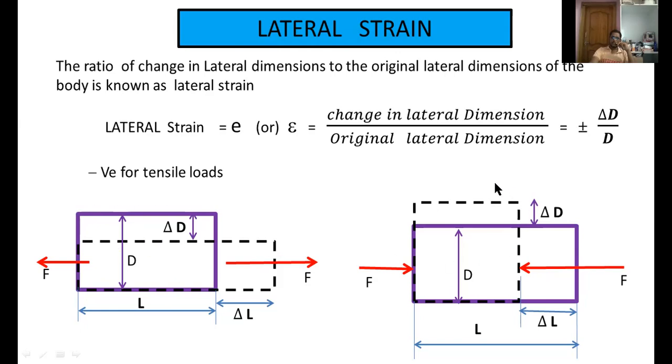Whereas when you are applying compressed loads on your body, the diameter of the body increases, so you have to consider positive sign for compressed loads. In case of compressive loads, positive sign; in case of tensile loads, negative sign. Now the formula for lateral strain equals delta D by D, change in diameter by original diameter. For linear strain and lateral strain, there are no units for strain.